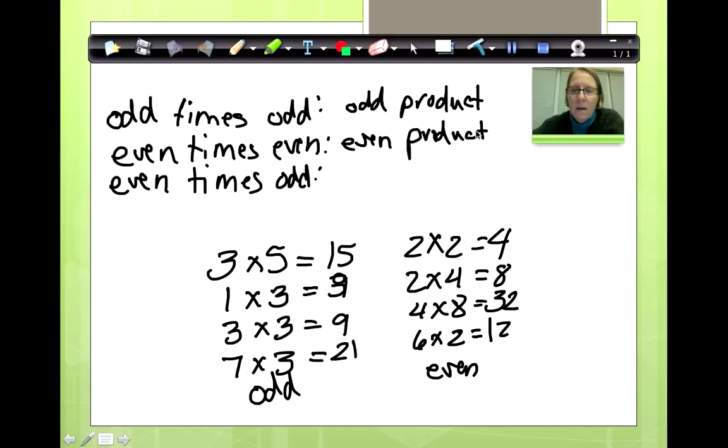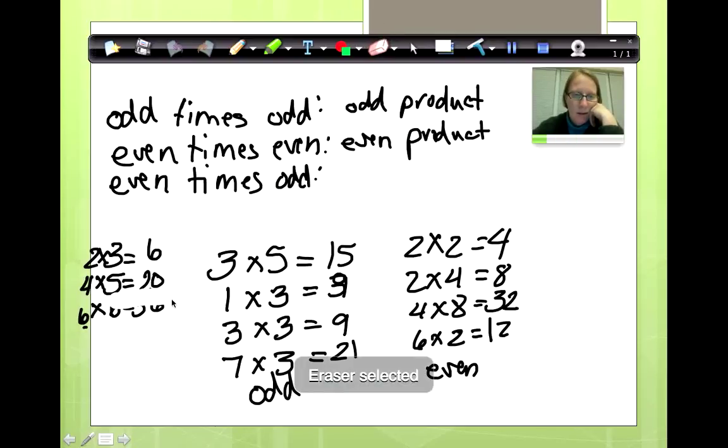Okay, now but what happens if you have an even times an odd number? So what if you have a 2 times a 3? What do you get? You get a 6. Okay, what if you have a 4 times a 5? It's a 20. So even odd. How about 6 times a 6? Well, that's 36. Oh, no, that won't work for our pattern, because we have to have an odd number.